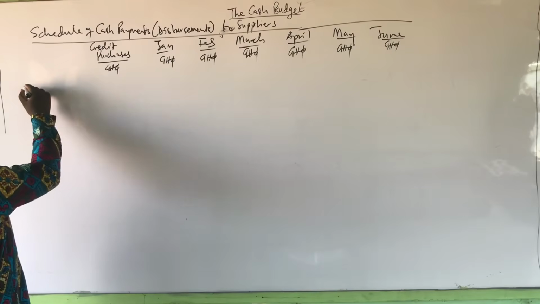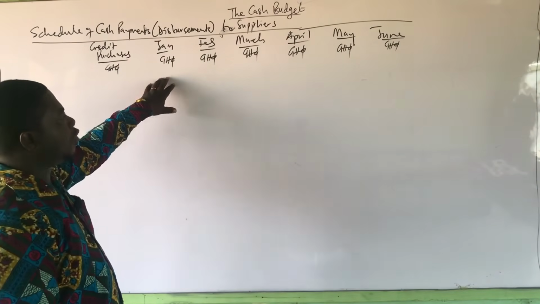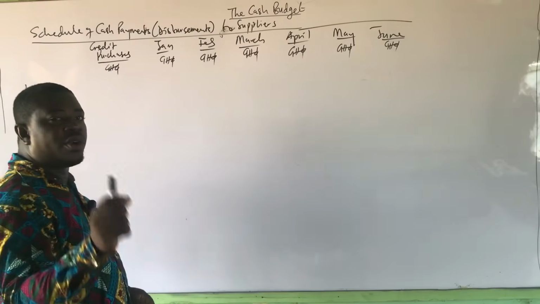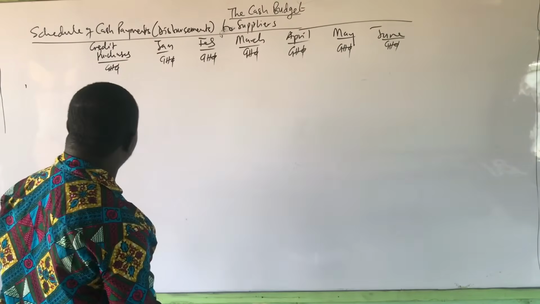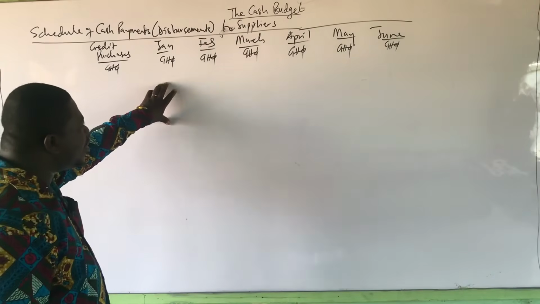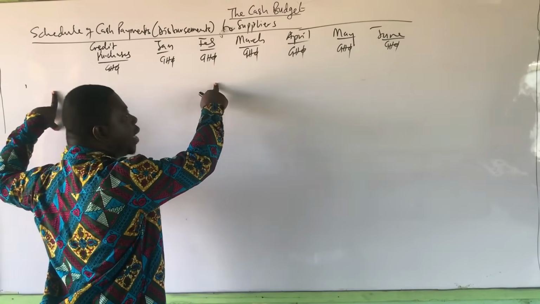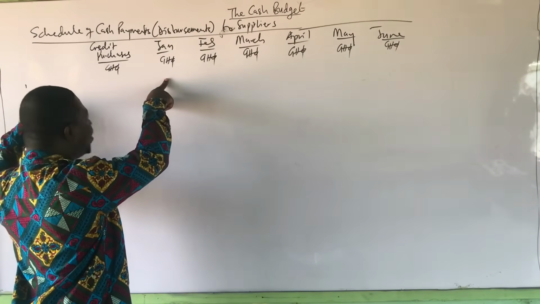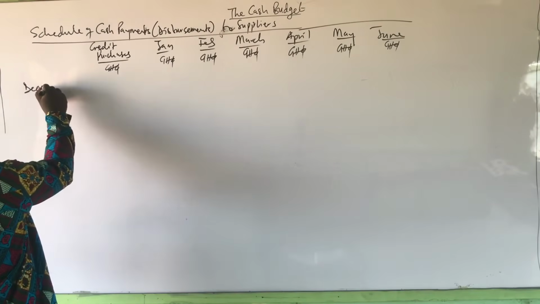Okay, so in the month of December, because now we are looking at cash disbursement from January to June, but the condition is that payment is made 1 month after goods are delivered. January's purchases will be paid in February, but there is something to pay in January, which is December's purchase that I calculated. And so let me begin from the previous year, December.